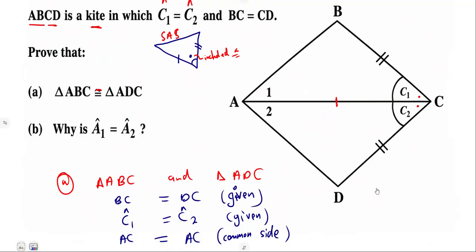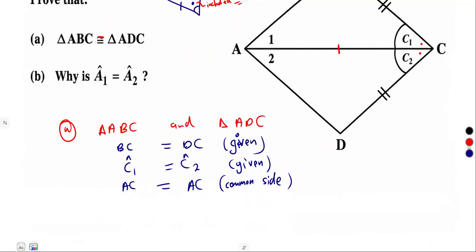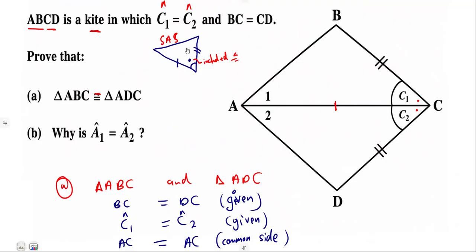Therefore, these two triangles are congruent. Triangle ABC is congruent to triangle ADC. The case being side angle side, when it is an included angle.